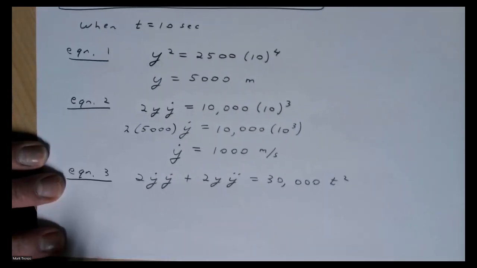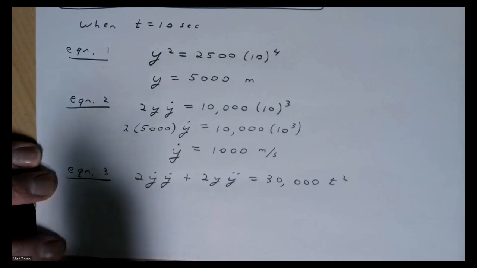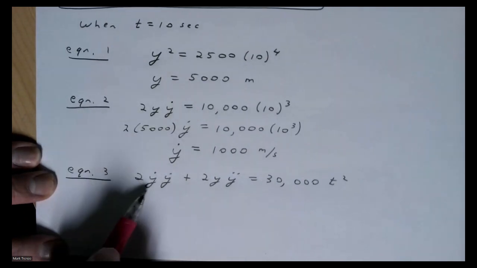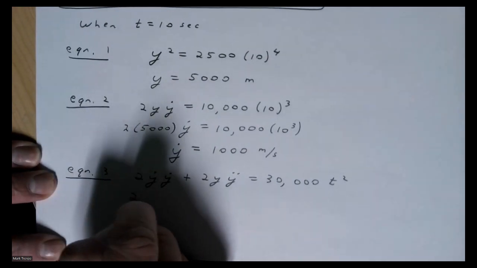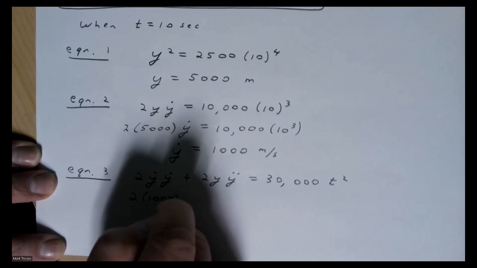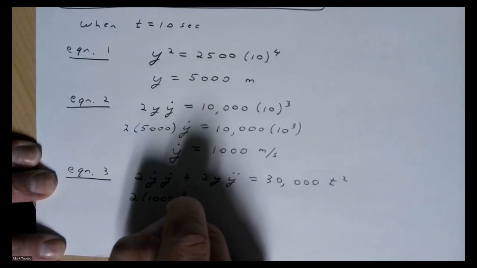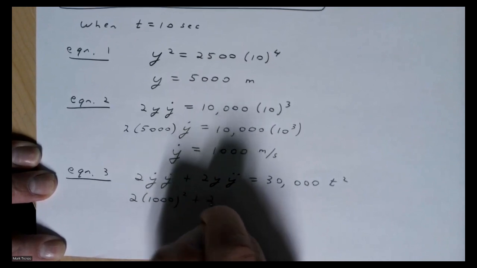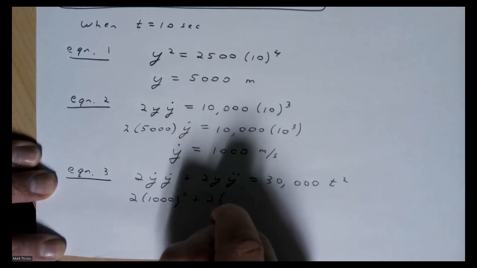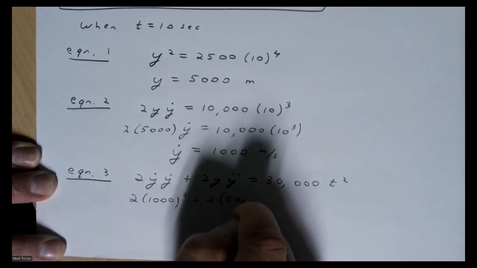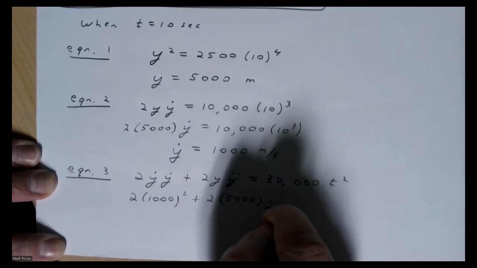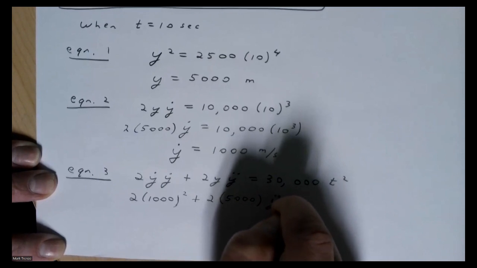And then let's just substitute everything in. We had this from up here. Of course, we can just write this as squared here. Plus 2 y is 5,000. Y double dot.